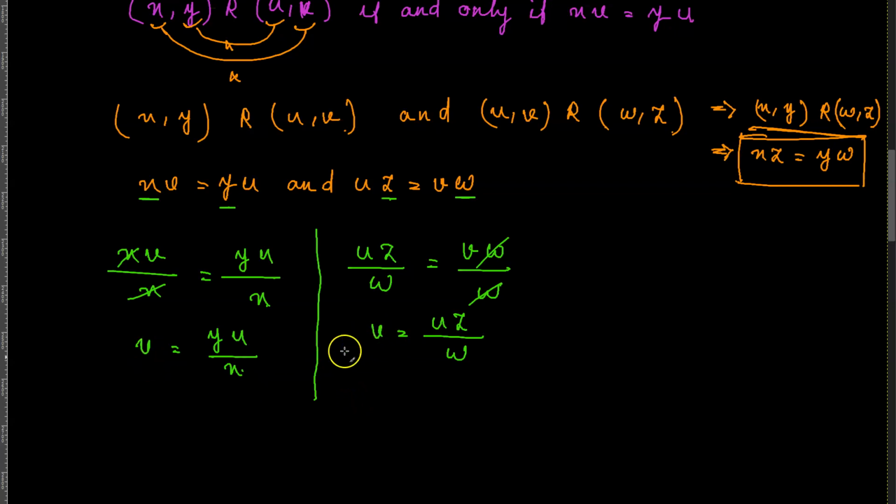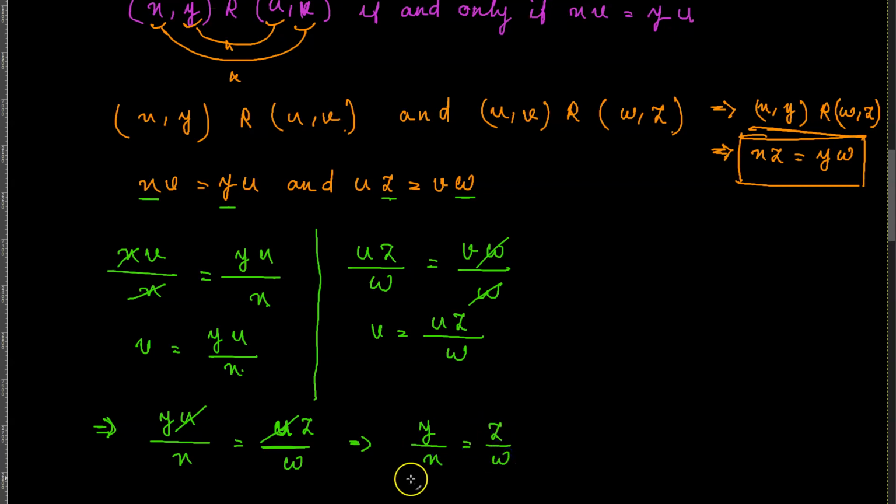Now, since v is equal to v, I can write y times u divided by x is equal to u times z divided by w, and then as you can see, you can cancel out u's on both sides of this equation, and you get y divided by x is equal to z divided by w.